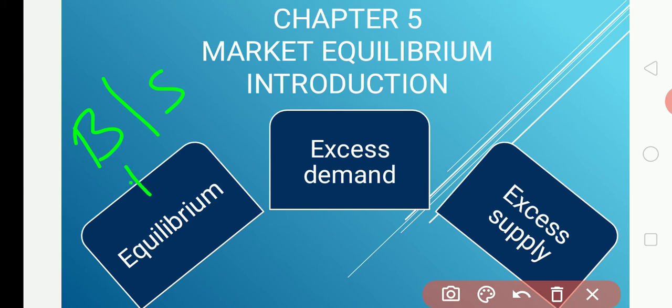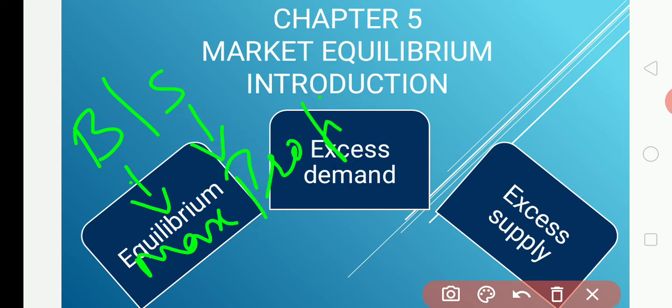For the buyers, what will be the motive? Maximum satisfaction, for which we use the term utility. For the sellers, maximum profit.